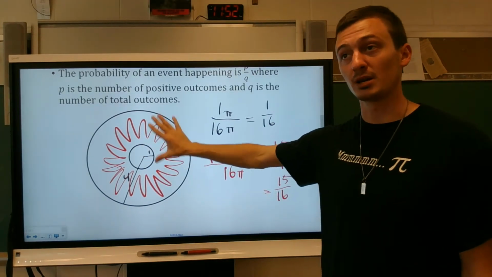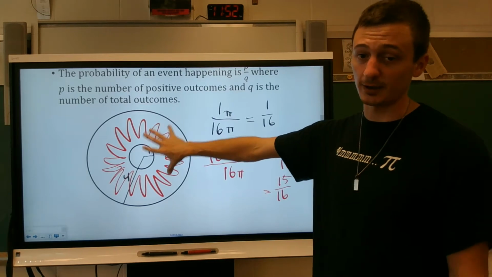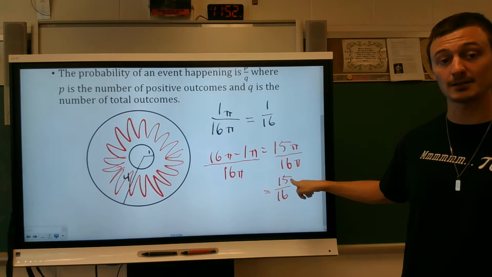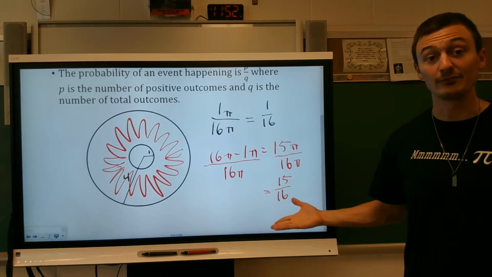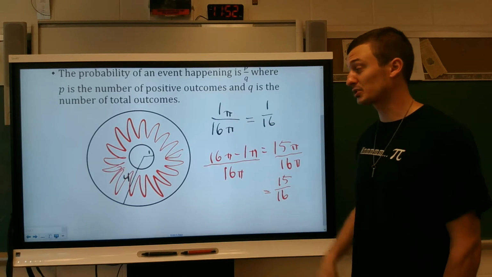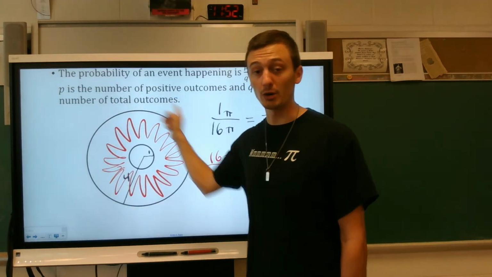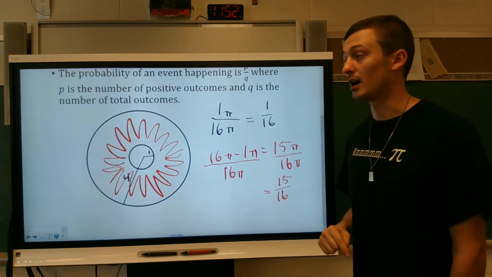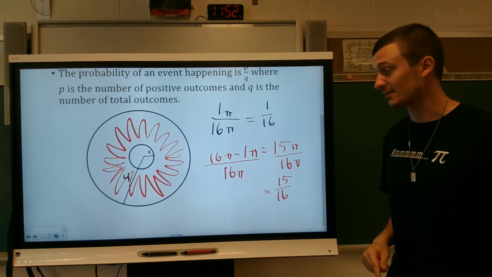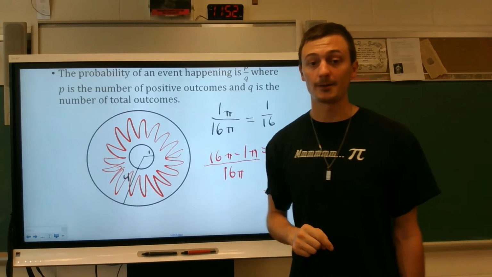But the dartboard is combined of the bullseye and not bullseye. So 1/16 plus 15/16 should give me anywhere on the dartboard. And it does, 16/16. So 100% of the time, I'm going to hit the full dartboard. 1/16 of the time, I'm going to hit the bullseye. 15/16 of the time, I'm not going to hit the bullseye.